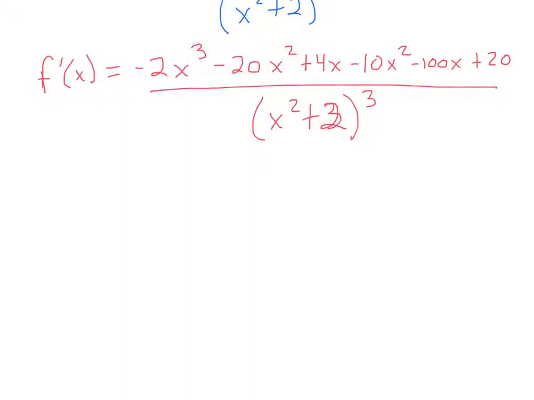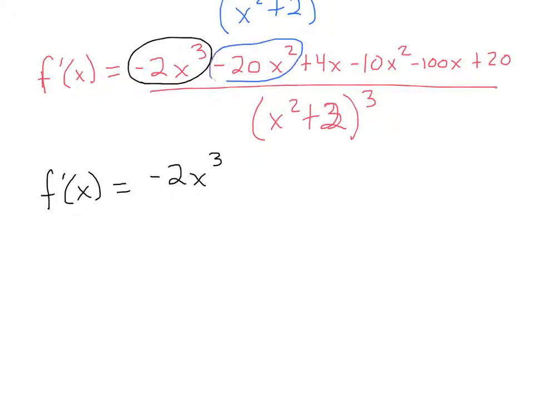And so as you look at the top, you say f prime of x equals, and let's find all the terms that are cubed. Well, this would be the only one. So I'm going to write negative 2x cubed. Let's find all our terms that are squared. I've got a squared here, and I've got a squared here.